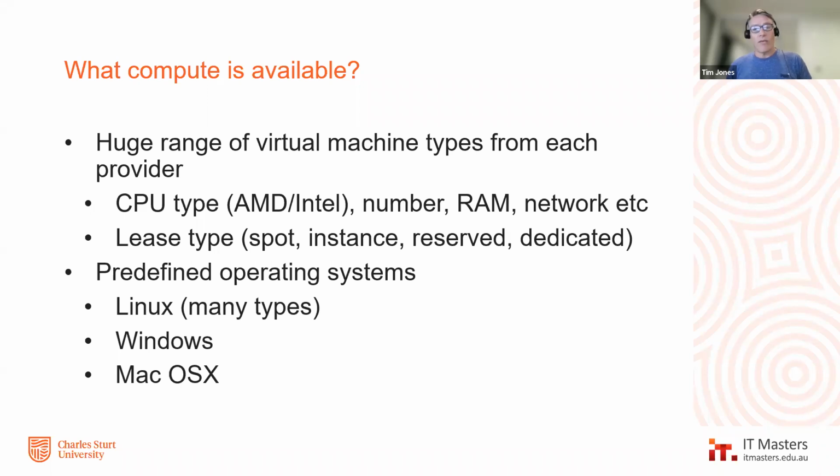But because we want it running for 3 years, we don't want to pay the same hourly rate as someone with a credit card turns up and just starts running a virtual machine. We can get a discount from our cloud service providers for a reserved instance where we say, well, we're going to keep this system running 24 hours a day, 7 days a week for 3 years straight, and you can get a discount of up to 75% for running a system like that.